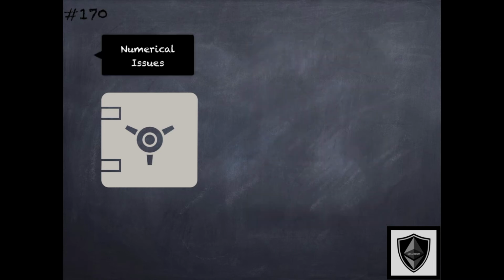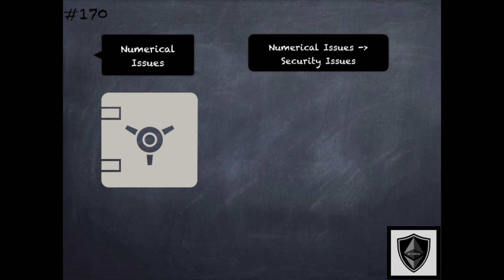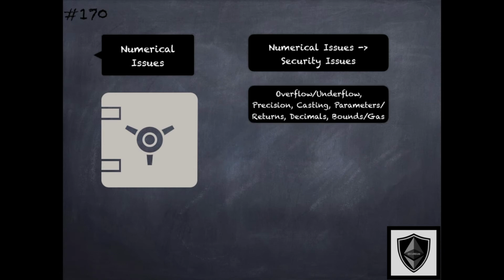Another specific type of data processing is numerical processing, where the logic operates on numerical values. Incorrect numerical computation will almost always cause unexpected behavior, some of which may lead to serious security issues if not accounting for miscalculations. These may be related to overflow, underflow, precision handling, typecasting, parameter return values, decimals, ordering of operations with multiplication and division, and loop indices, among other things.